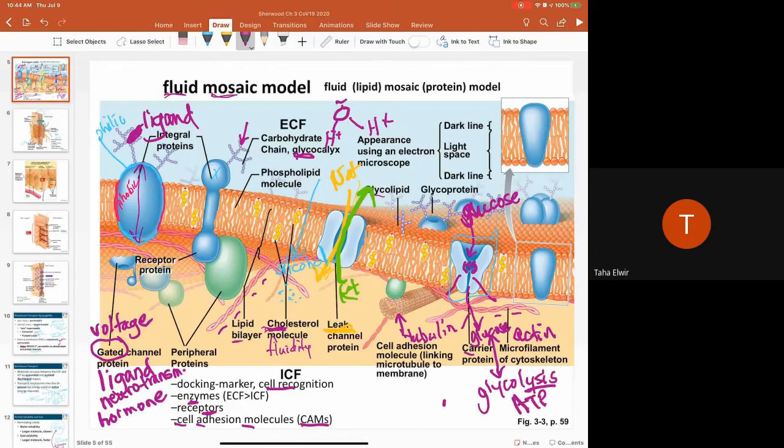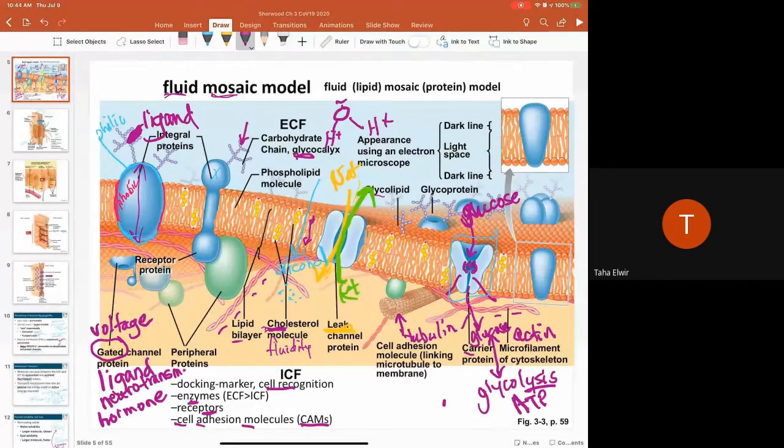When it gets close enough to the phosphate heads, the hydrogen will attract to the phosphate head, and as it's spinning, the molecule will get in the spaces between the phosphate heads, and now its momentum will push it across, and then the hydrogen will be again attracted to the phosphate head on the inside, and it eventually gets into the cell.